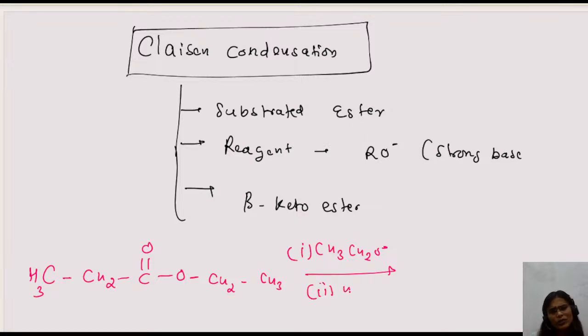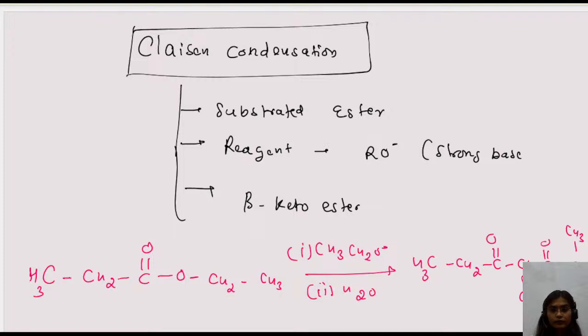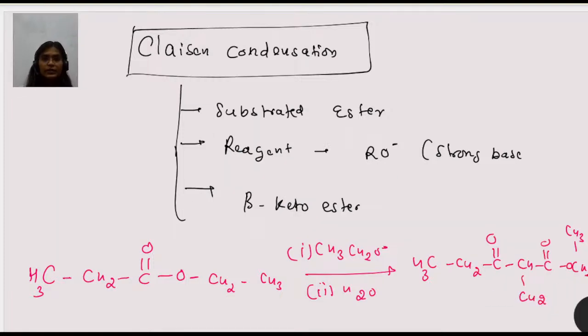Step number two is the same hydrolysis, and it becomes CH3CH2COCHCOOCH2CH3. Don't worry, I will change the position of my video. I hope it's visible. If not, don't worry, we will discuss the mechanism as well.